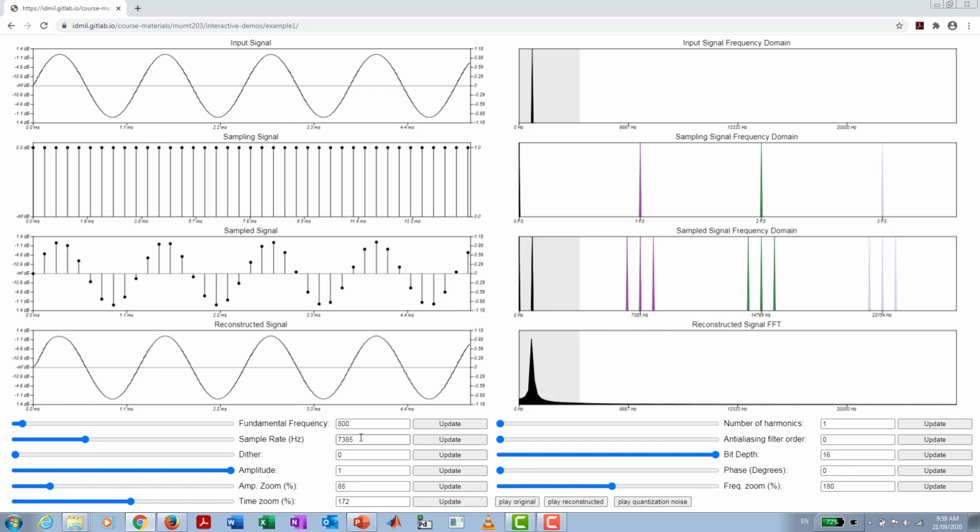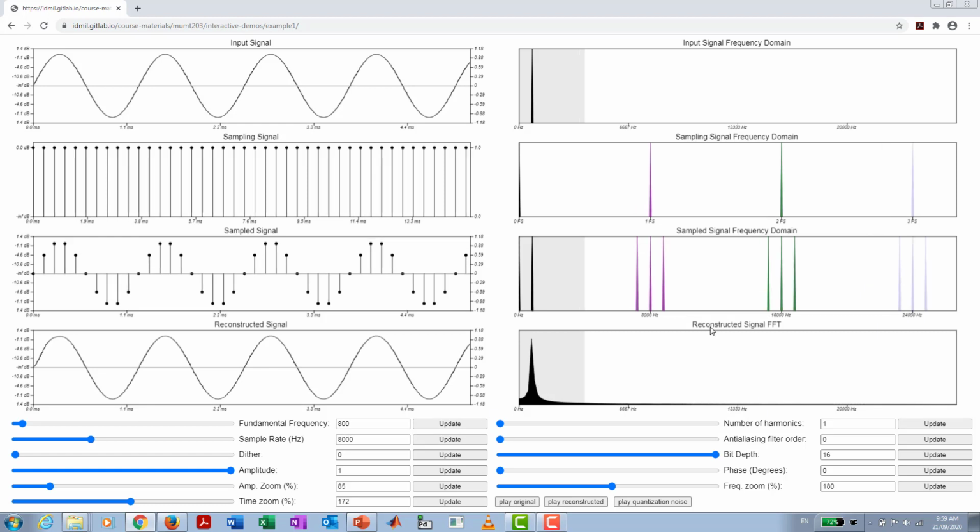So now we start wondering, what happens when these guys appear? Let me go back to 8000. So far, this is the region of interest, half the sampling rate. This is what I get. I have this 800 hertz signal here, that was my initial signal. It's in the region.